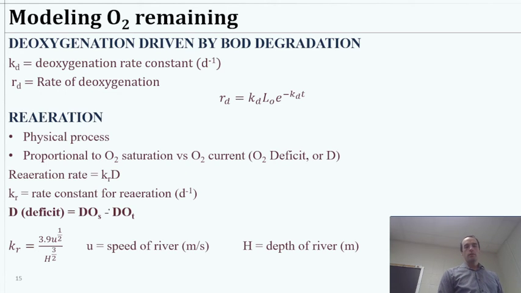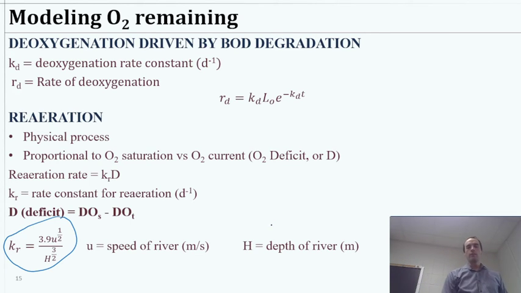So I'll give you that. And then if we had some information about the river itself, we could calculate this, right? Basically what this is saying is, if it's running really fast, it's getting a lot of mixture, a lot of contact with the air. You can imagine a waterfall is going to be a lot of reaeration compared to a slow-moving bayou, right?